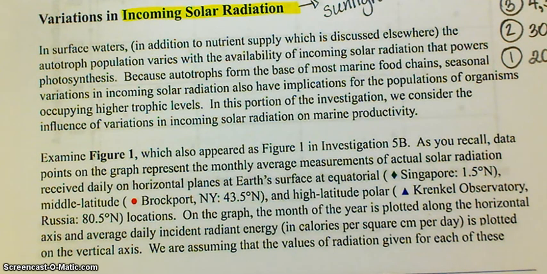Because autotrophs form the base of most marine food chains, seasonal variations in incoming solar radiation also have implications for the populations of organisms occupying higher trophic levels.